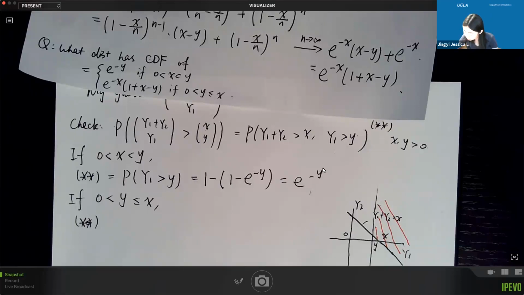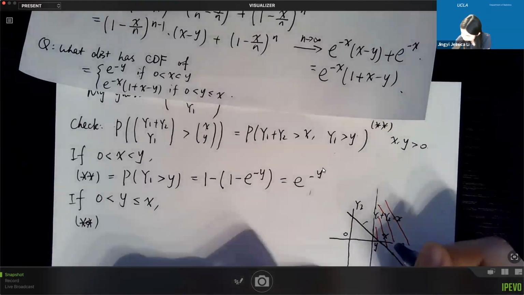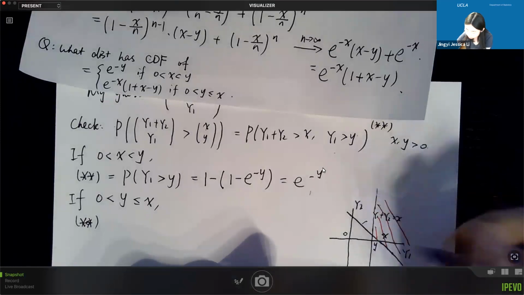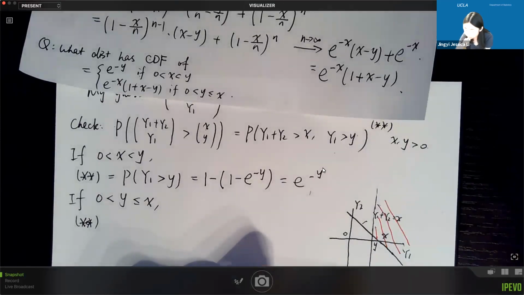I can do it in two ways. One is that I can separate, because this area is a little complicated, right? It's not just defined by this line or this line, it's actually two lines.